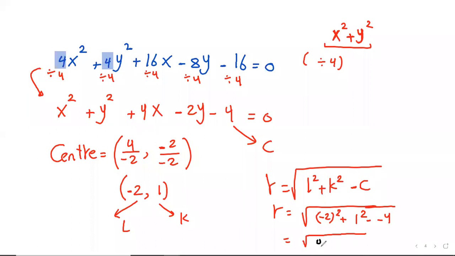So it's 4 plus 1, negative after negative is positive. So the square root of 9 equals what? 3. That's it.